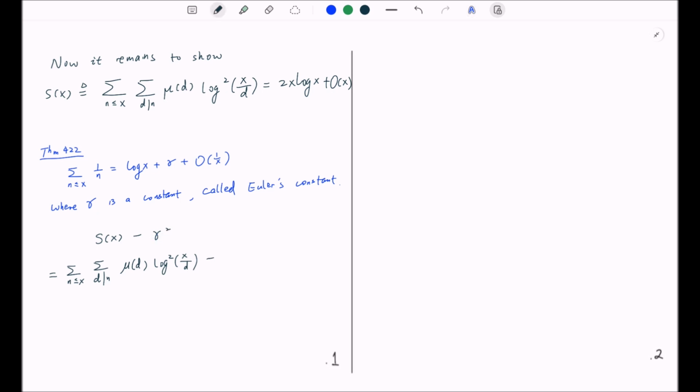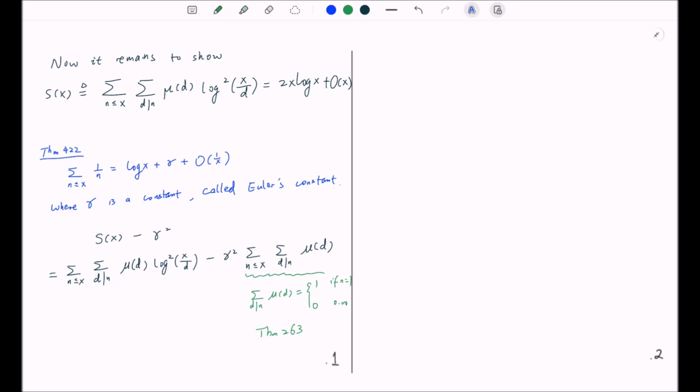We will first write this as, and here, this double sum is actually equal to 1, because the divisor sum of mu of d for d divides n is equal to 1 if n is equal to 1 and 0 otherwise. And this is due to Theorem 2.63.